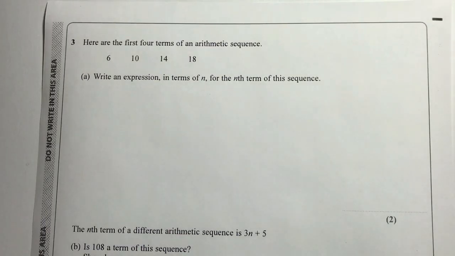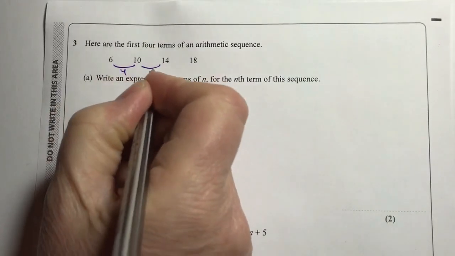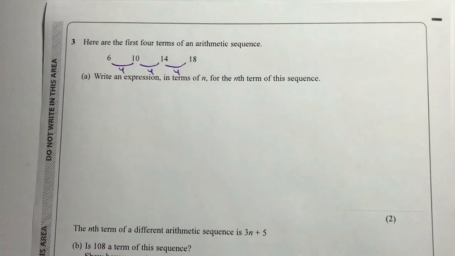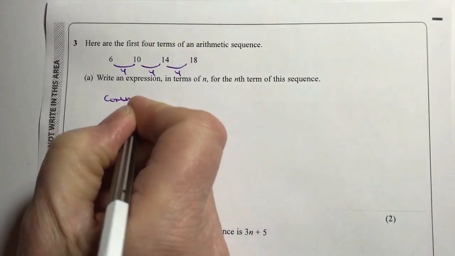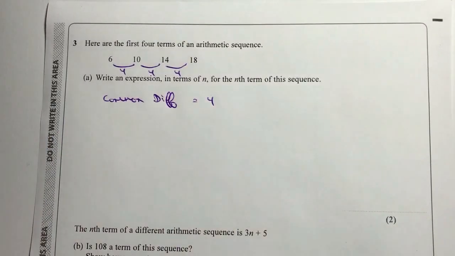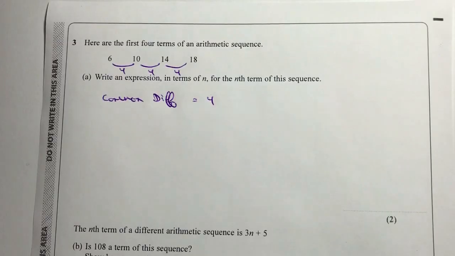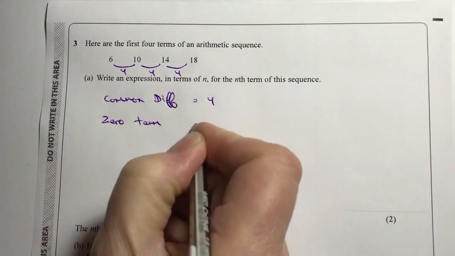So with an arithmetic sequence, they're fairly straightforward. You need to recognise that the difference between each of the numbers is going to be 4. Now the 2 things I need: I need what's called the common difference, which I've got is 4, and the other thing I need is something called the 0 term, which is basically where the sequence has started from.